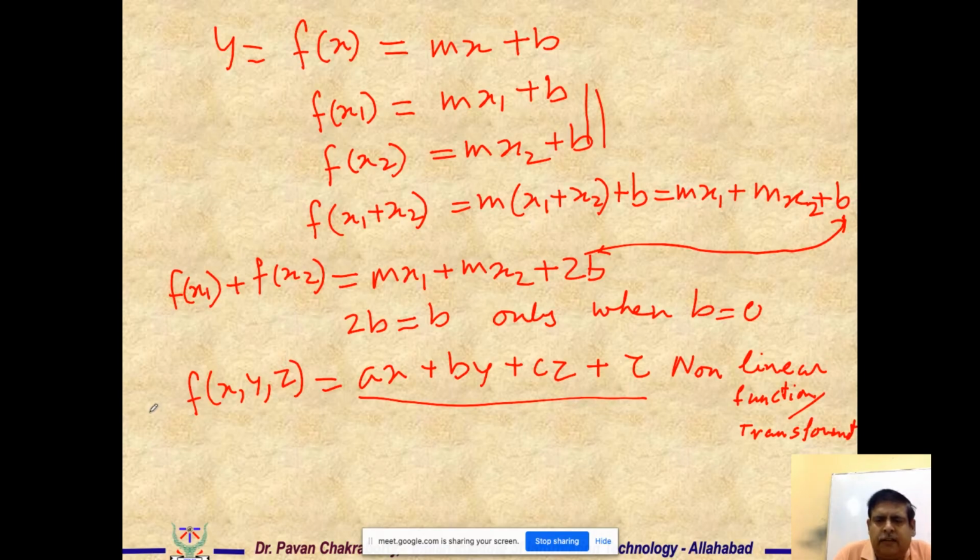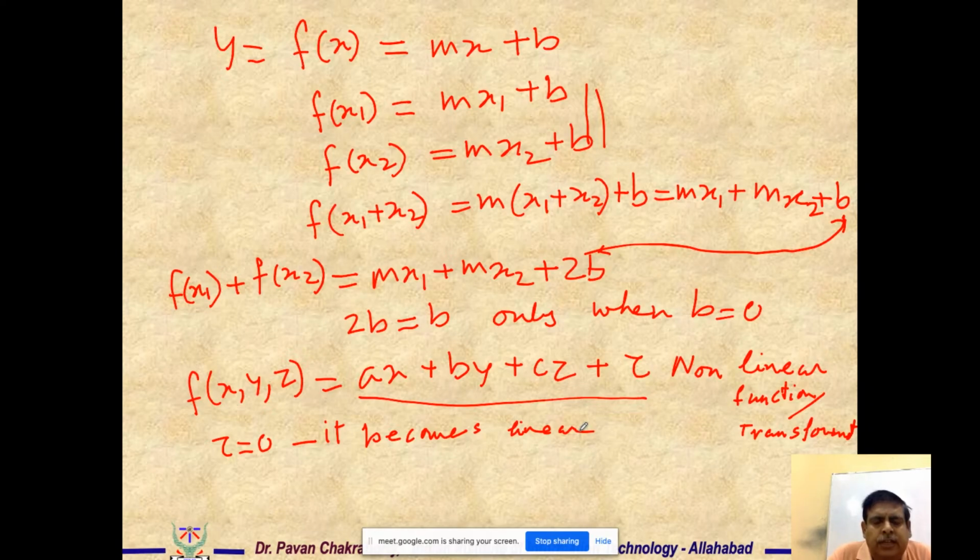So this is a non-linear function, and this is linear when tau is equal to 0, right?